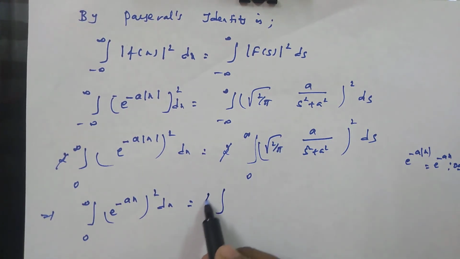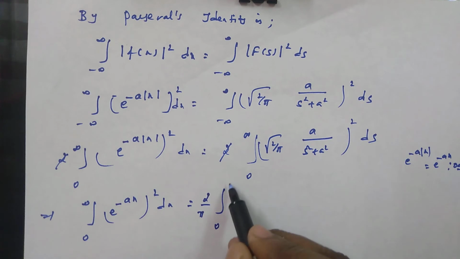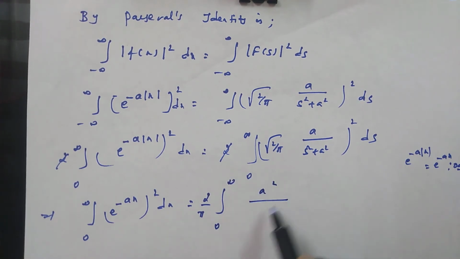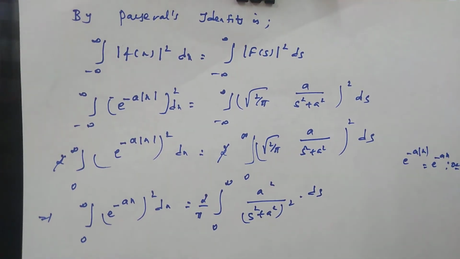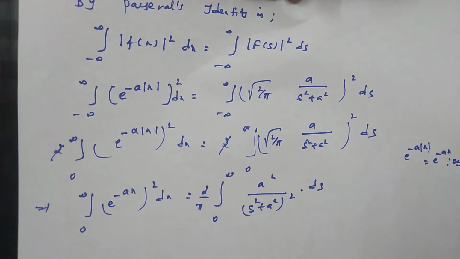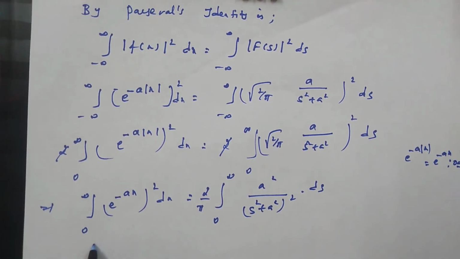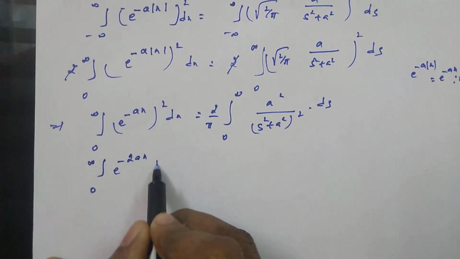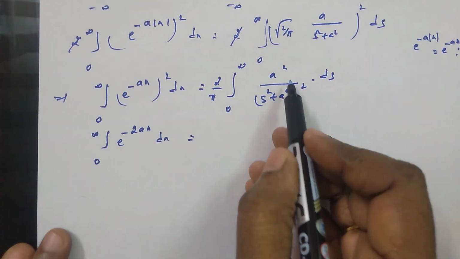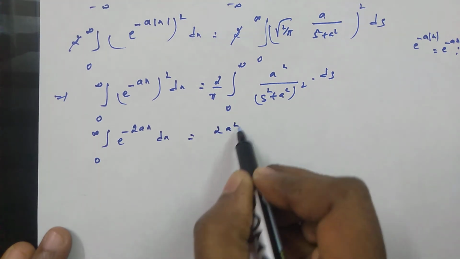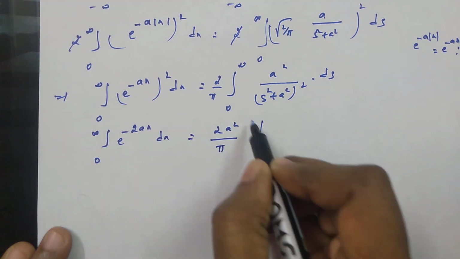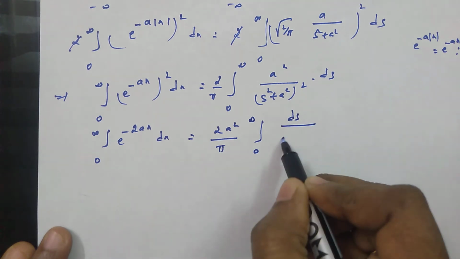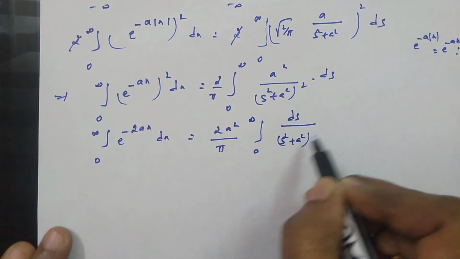We can take the 2 by pi outside: 0 to infinity a square by s square plus a square the whole square into ds. So now we have arrived at this. Now this e power minus ax the whole square can be written as e power minus 2ax dx equal to, this a square is also constant, so we can take it outside: 0 to infinity ds divided by s square plus a square the whole square.